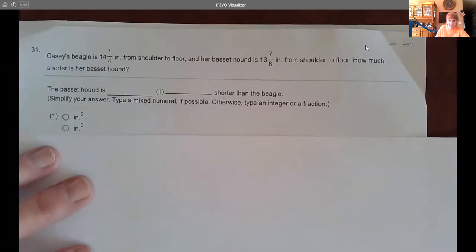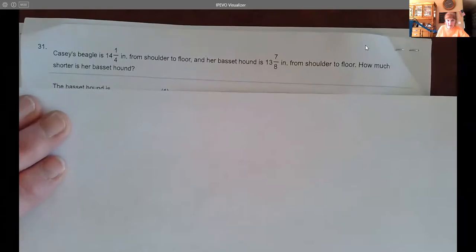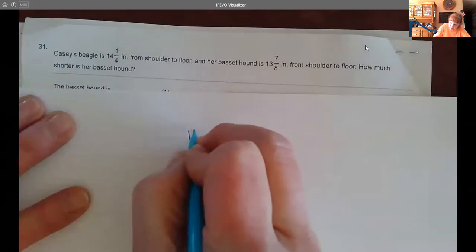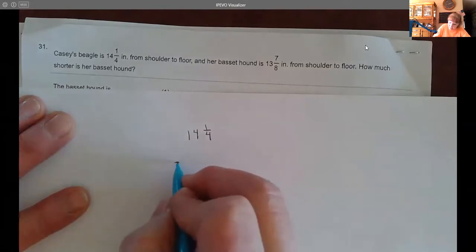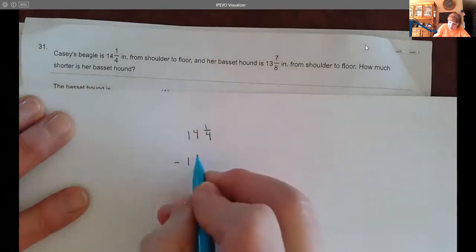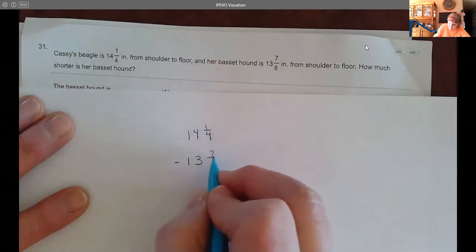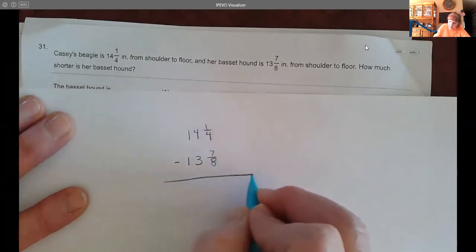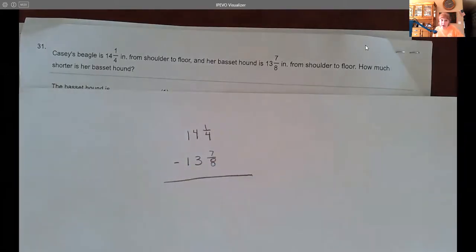So here we kind of get it set up and give you some ideas on solving it. You're going to take the 14 1/4. Is that showing up there? Yes. And you're going to subtract. Notice that the 14 is larger, so I'm putting it on the top here. I'm going to subtract those. And you'll need to get a common denominator. 4 and 8 both go into 8.